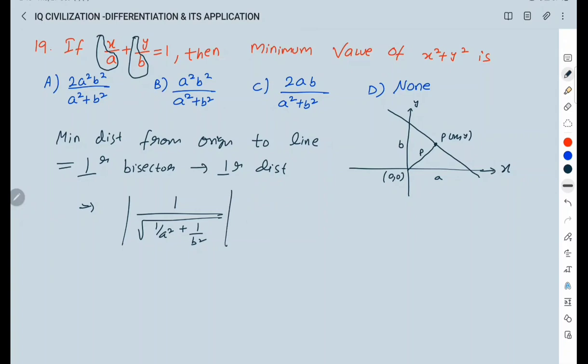So this formula gives root over x square plus y square. So for this, x square plus y square is equal to a square b square by a square plus b square.